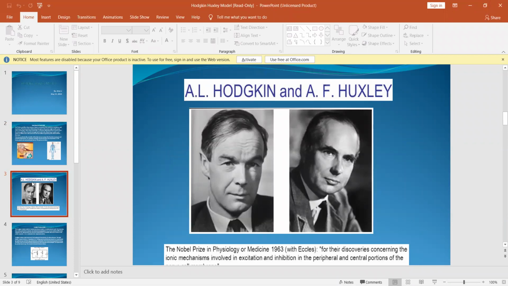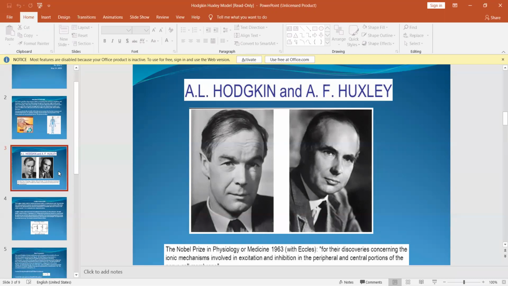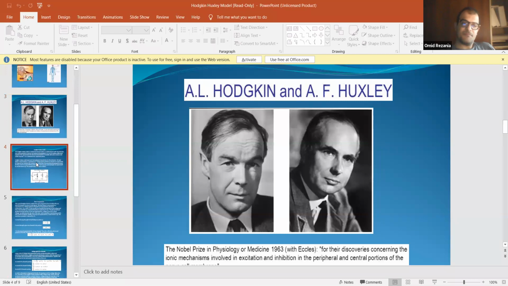Their discoveries concerned the ionic mechanisms involved in excitation and inhibition in the peripheral and central portions of the nerve cell membranes. Can I go to the next one? Yes, please.